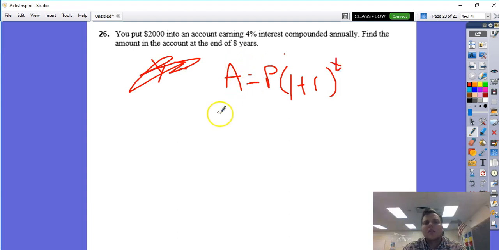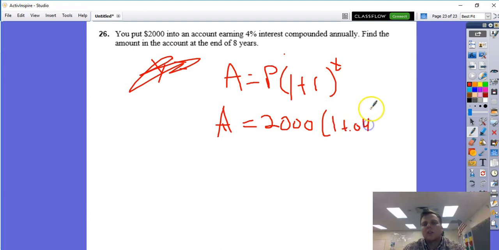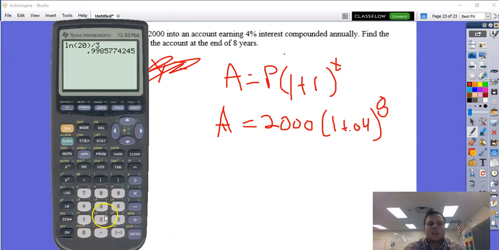Okay? So in this case, how much money did I put into the account? You know, at the very beginning of it, $2,000. How much money is it making every year? 4%. So that'd be 1 plus 0.04. How many years was it in there? 8 years. So we're just going to type all that into a calculator and get our answer.